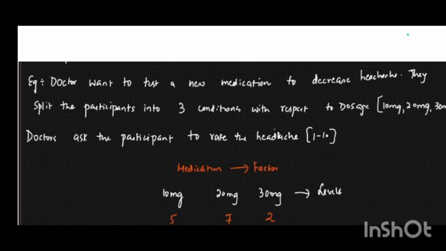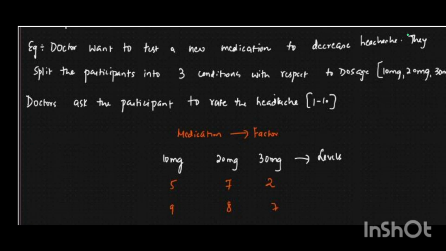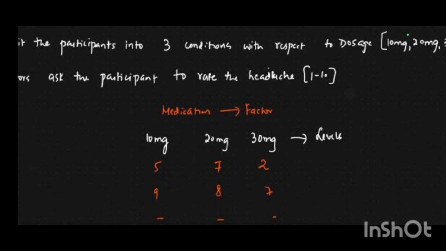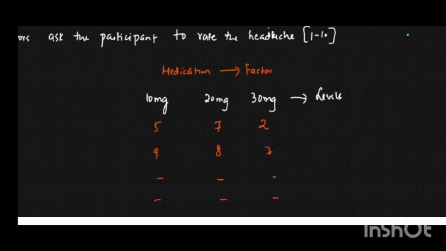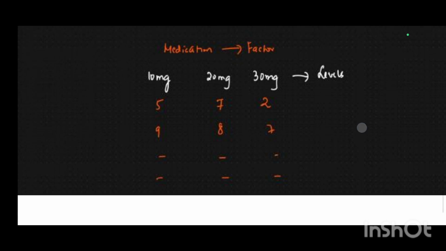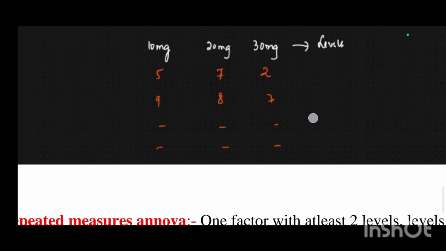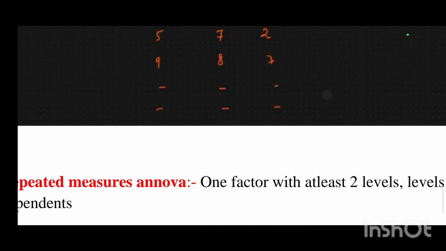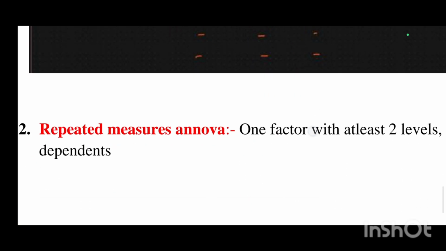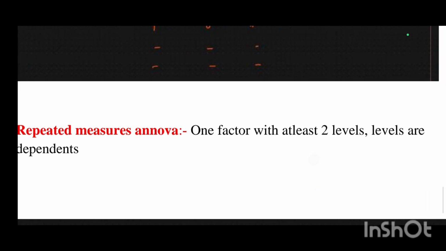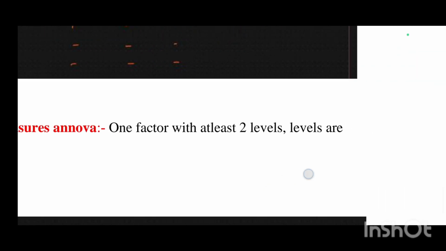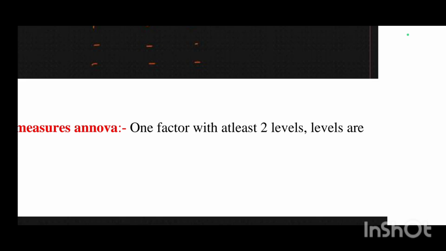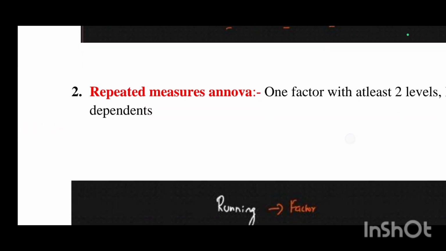He gives pills of 10 mg, 20 mg and 30 mg to the patients, and they are given the data like this. Okay, so here repeated measures ANOVA has one factor with at least two levels that are dependent.